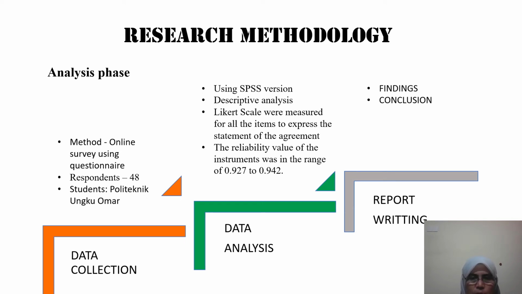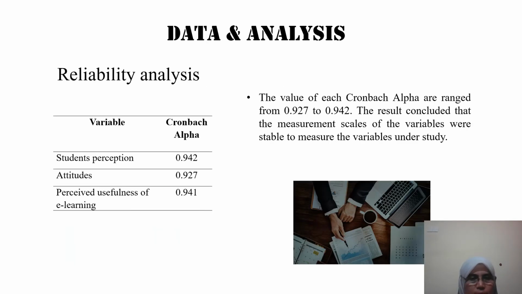The Likert scale was measured for all the items to express the statement of agreement. The reliability value of the instruments was in the range of 0.927 to 0.942. The result indicates that the Cronbach's alpha for the variables were reliable, which are above 0.6.